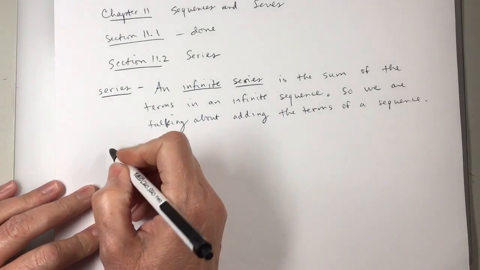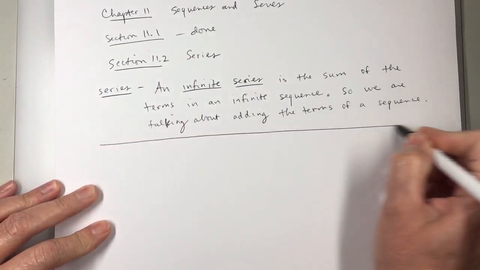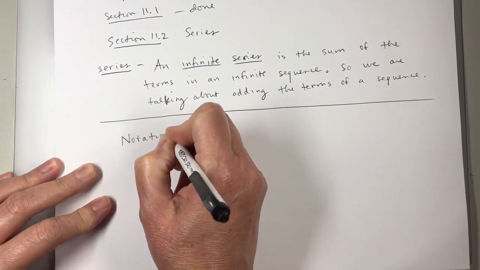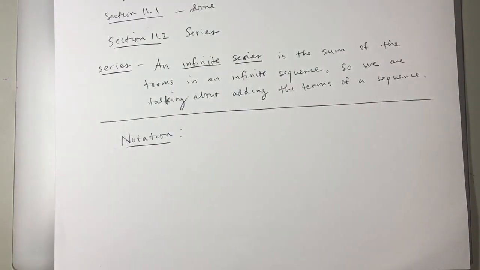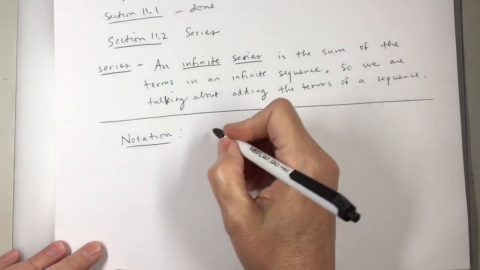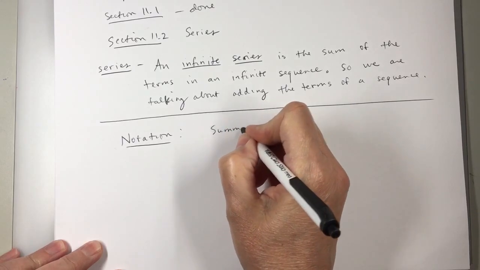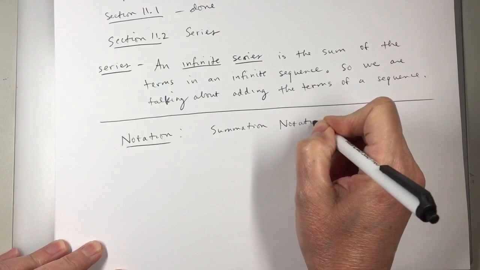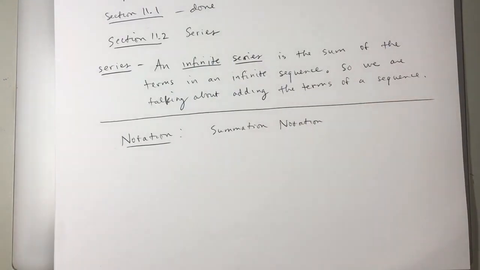I need a little bit of notation. I want you to make sure you're familiar with this. This notation is the summation notation. This is not going to be an infinite sum right now, but I want you to be familiar with this.